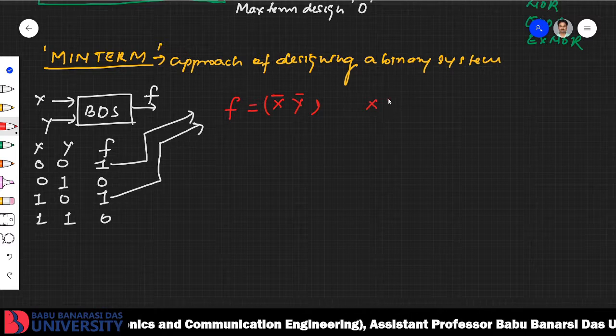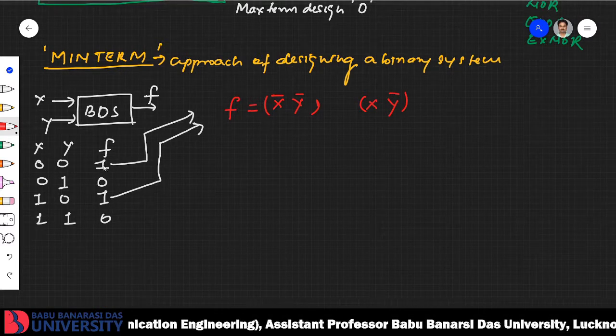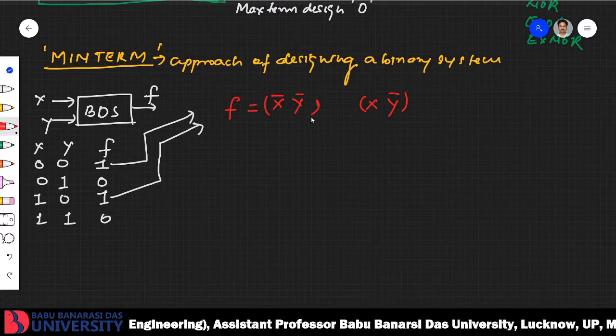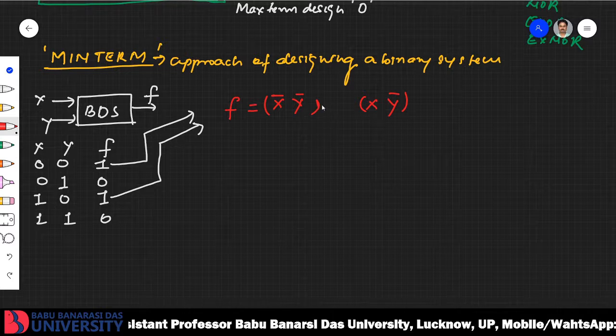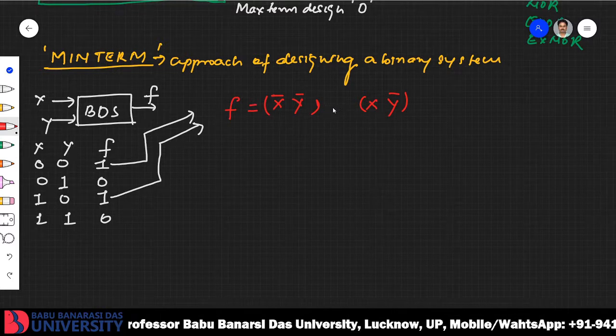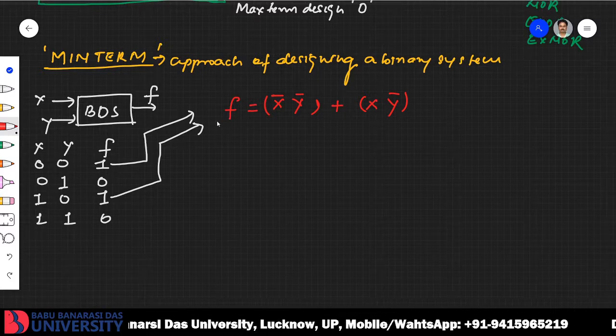These two terms give output 1, and these two are ORed together because both are present in the output.